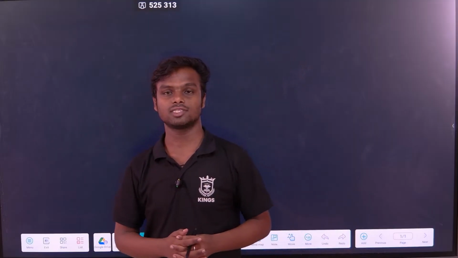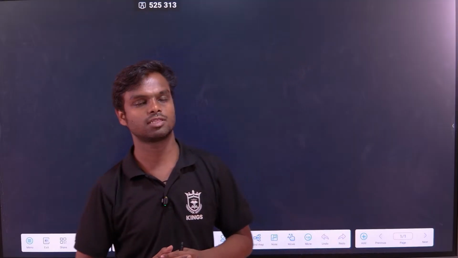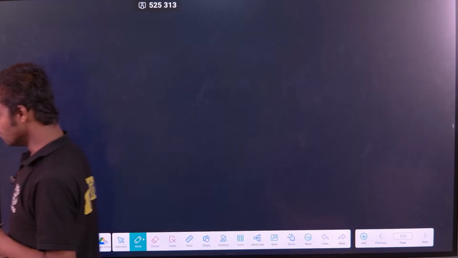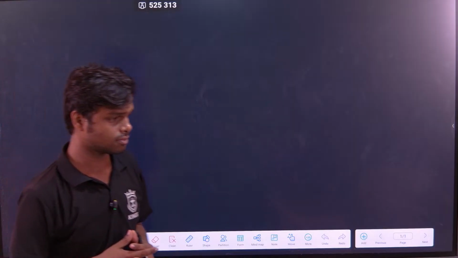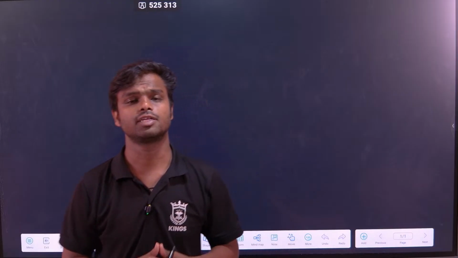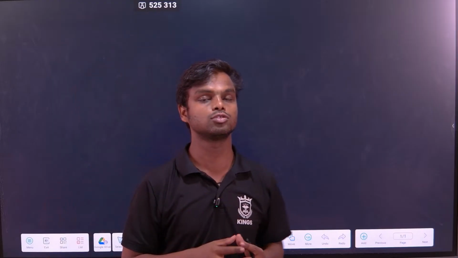Okay, so basically in the last session, if you remember, we covered the mathematical tools and saw what important mathematical tools are required. Now in this session, we are going to start a very important chapter, that is motion in a straight line.